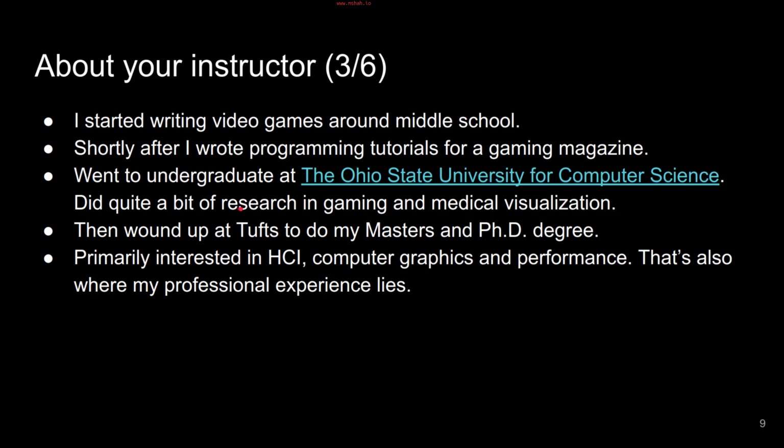I learned you could do research in gaming to actually help people and do various studies, and then I got into medical visualization, which is one of my interests in computer graphics. Eventually somebody told me I should go to grad school. I didn't know what grad school was. Maybe some of you are thinking about that, and I'm happy to tell you about what a master's or PhD degree is, because I certainly didn't know.